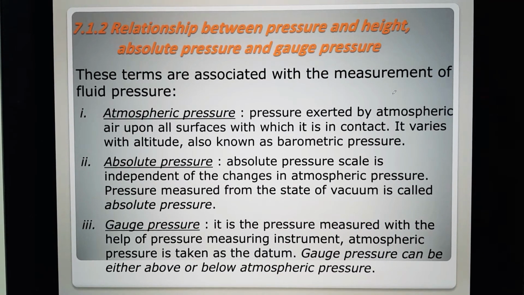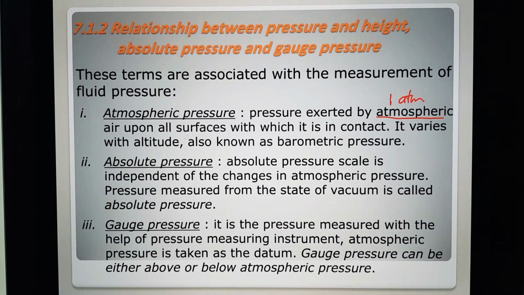Okay, now we move on to the relationship between pressure and height, absolute pressure, as well as gauge pressure. These particular terms are associated with the measurement of fluid pressure. When we talk about atmospheric pressure, it relates to the pressure given by atmospheric air, meaning that at atmosphere the level is 1 atm, 1 atmosphere, upon all surfaces with which it is in contact.